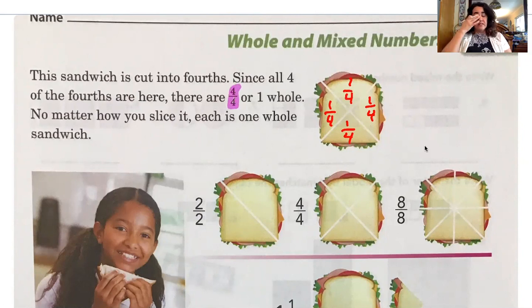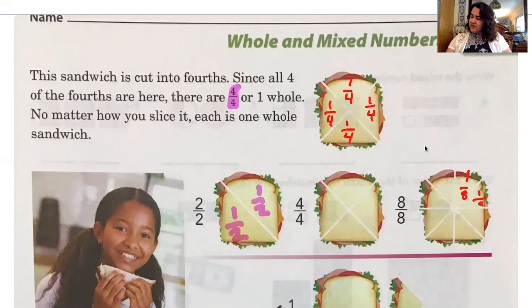So 4 fourths is equal to 1 whole, okay? So no matter how we slice it, each is the whole sandwich. So we can cut it into fourths. We can cut it into halves, right? 1 out of 2, 1 out of 2. We already showed you the fourths. How about 1 out of 8?